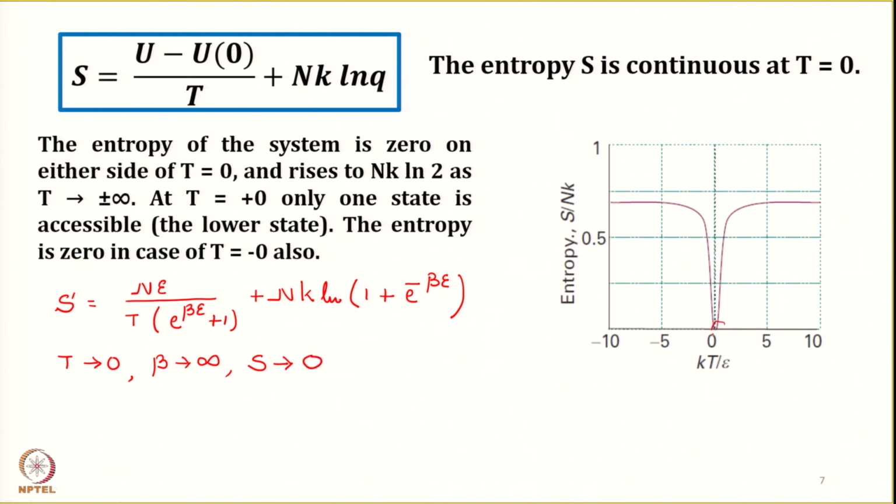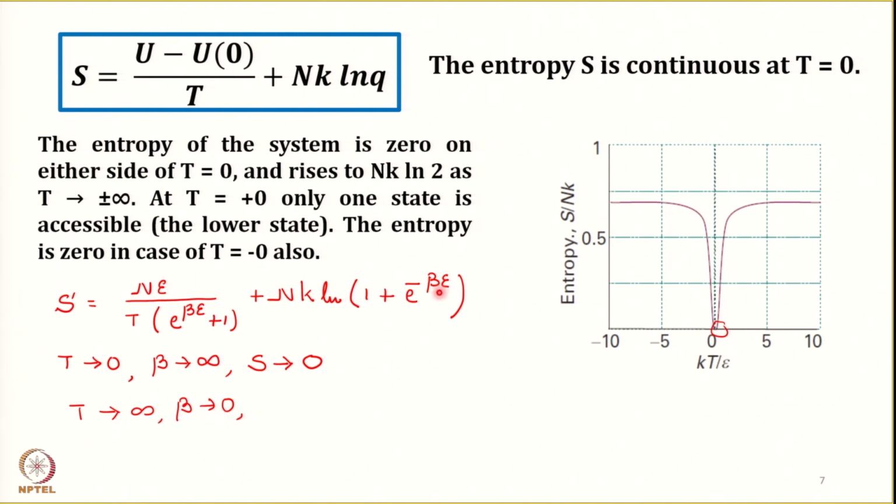And you can notice that over here. And when T approaches infinity, then beta approaches 0. Then we have T in the denominator, so the first term disappears.